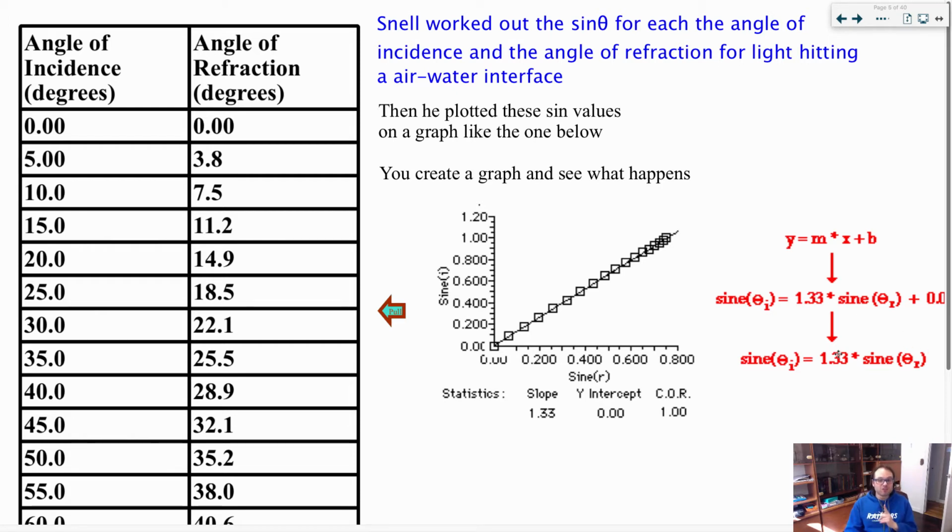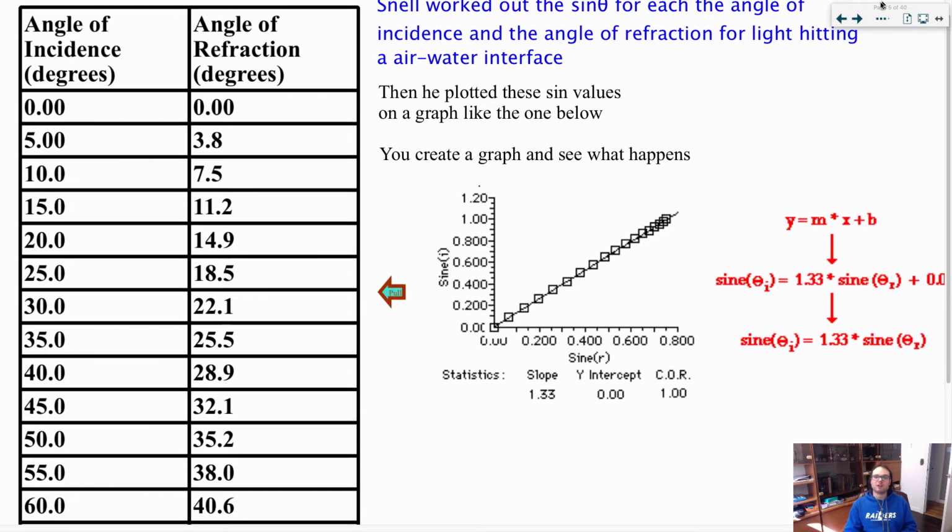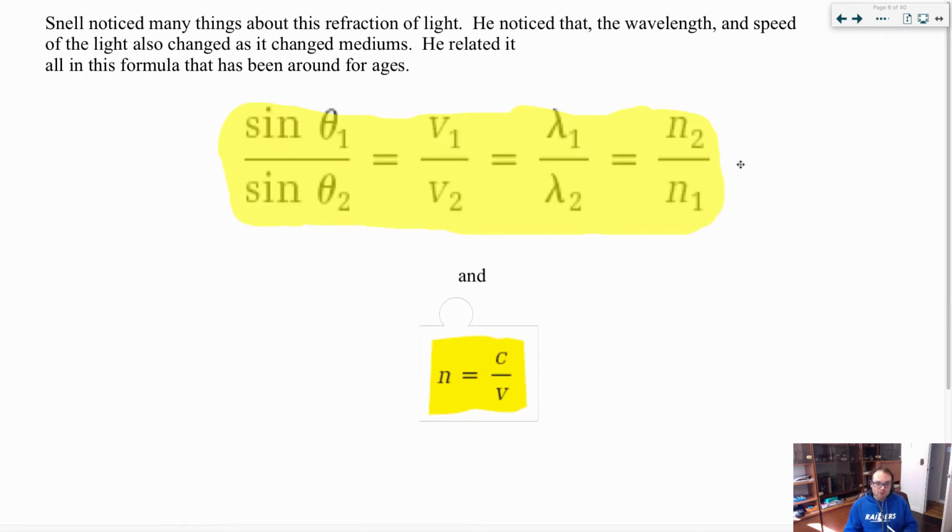And now this created Snell's formula, where my refractive index, for whatever object we're going to, is equal to my incident angle divided by my refracted angle, or my initial angle divided by my second angle. And that becomes very, very important in later calculations. So Snell noticed many things about the refraction of light.